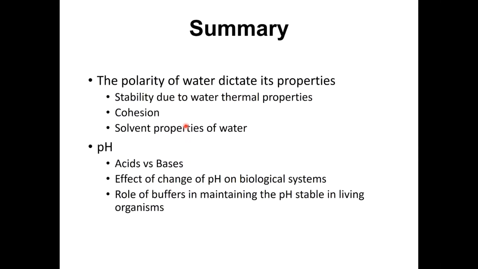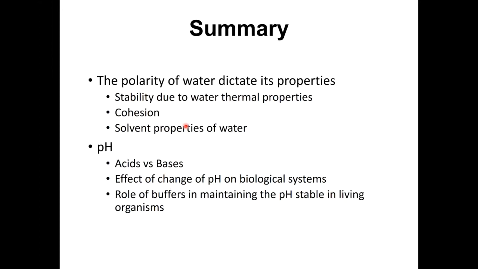So in summary, we talked about why water is such an important molecule for living organisms. And we talked about how basically all its properties, the thermal capacity, the cohesiveness, and the capacity of dissolving lots of biological molecules, all arise from the polarity of water. Then we talked about pH. We defined what it is, and we defined acids and bases and how they affect the pH.